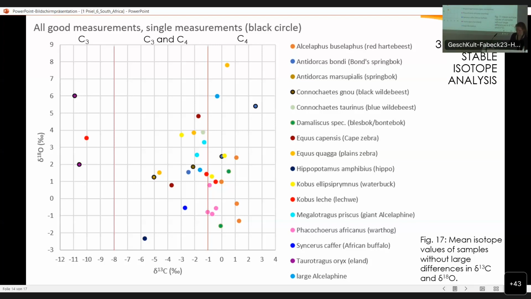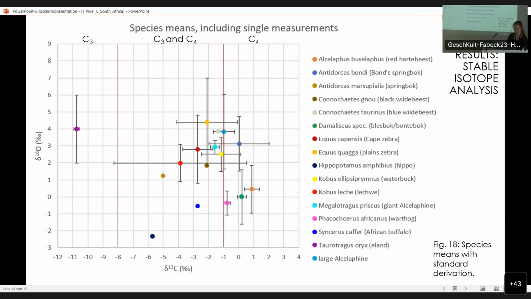And maybe to have a closer look, the species means are a little bit more compact to look at. And about the species, we have one typical browsing species, which is the eland, which falls well into the C3 values, which is quite nice.